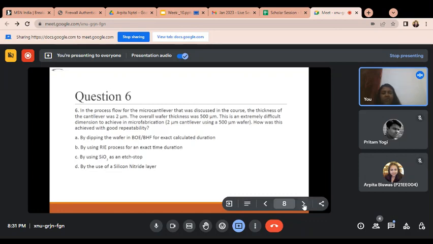First option is by dipping the wafer in BOE or BHF for an exact calculated duration, second by using the RIE process for an exact time duration, third by using silicon dioxide as an etch stop, and the fourth option is by the use of a silicon nitride layer. So go through the question carefully. I am coming back in a minute.